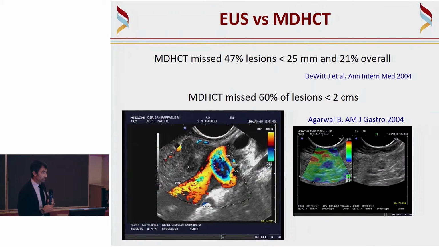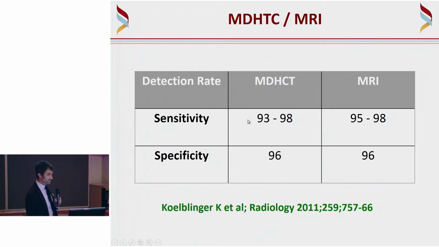In cases of a negative multi-detector helical CT, we know from the literature that CT has problems in depicting lesions less than 2 centimeters or 2.5 centimeters. These are all data from the literature, and if we look at more recent data of MRI and multi-detector helical CT, we see that sensitivity and specificity have increased over time because we have new machines and new technologies.